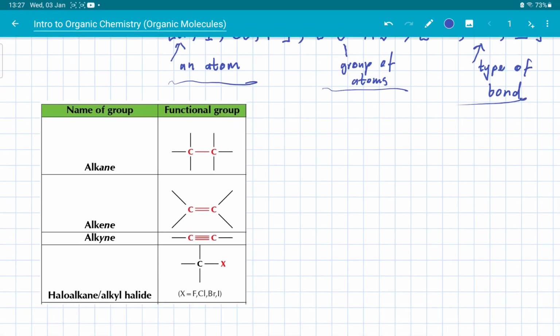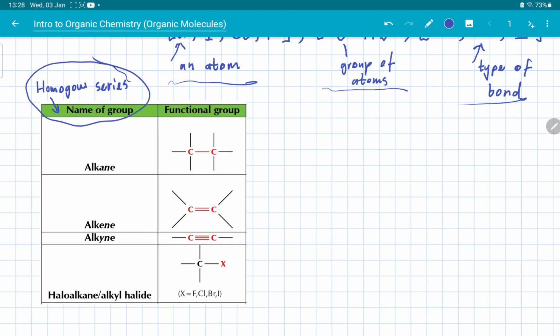So what is the name of the group? Let me edit here. I could have written homologous series. So these are homologous series.